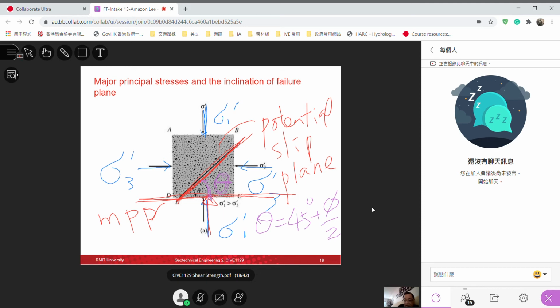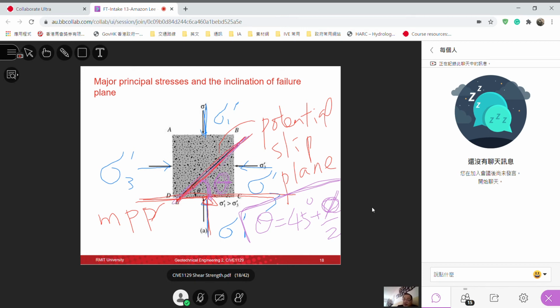This inclination angle theta has a relationship with the angle of friction of the soil. It will always be 45 degrees plus the angle of friction divided by 2. Later you will find out why, but that is how the maximum potential slip plane develops.